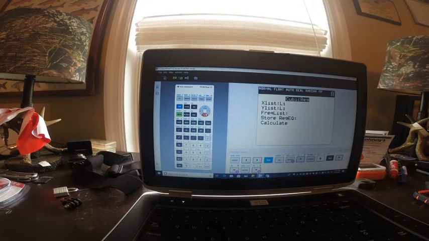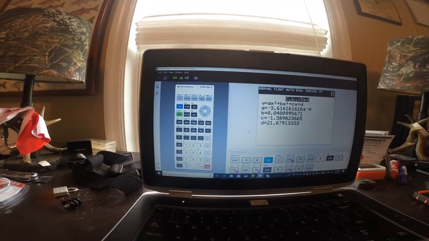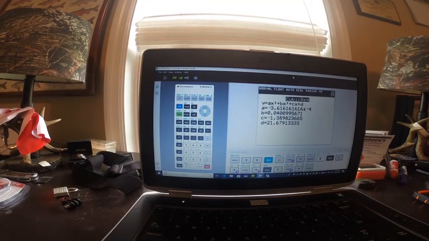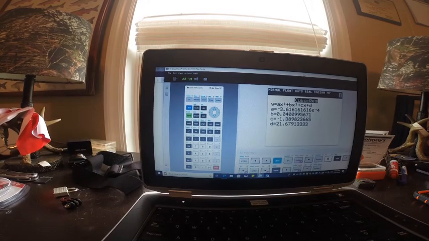I'm going to store it in our Y1. And then I'm going to hit calculate, and it finds it for us. The important thing to note here is it wants 3 significant digits. Now the first one is an e to the -4. So you have to move your decimal 4 places to the left.